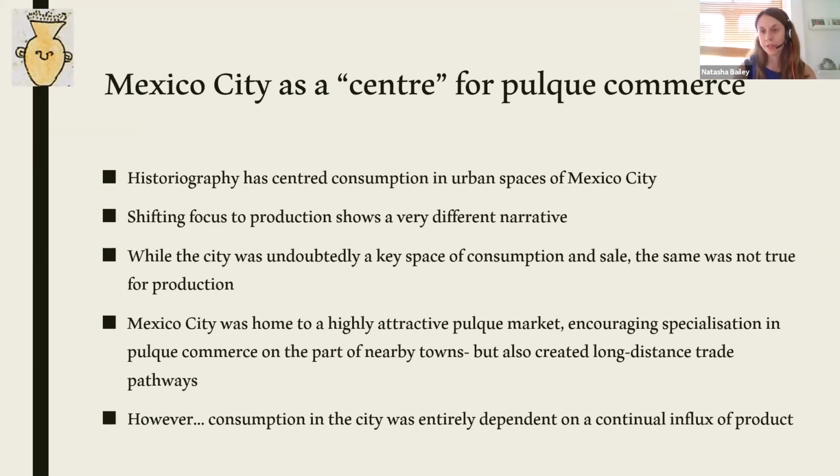And even from much further afield, we have instances in the records of traders traveling 40, 45 miles in from places like Tolcayuca in Hidalgo. So we have the idea of a city as an attractive pulque market, as a key space for sale and consumption, but not so much for production.